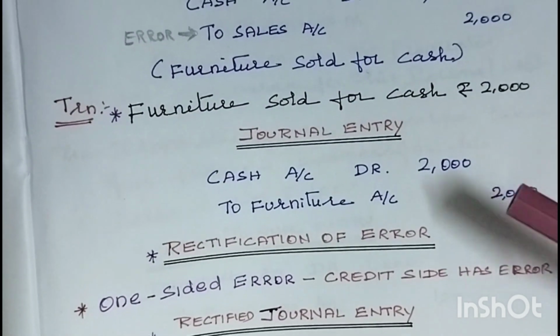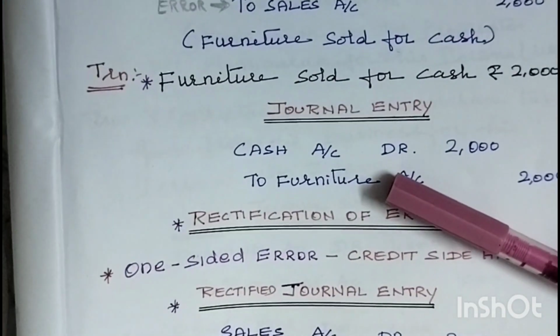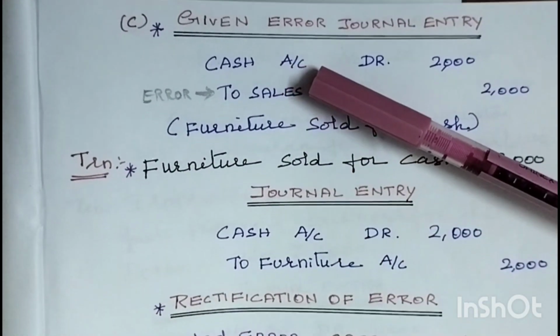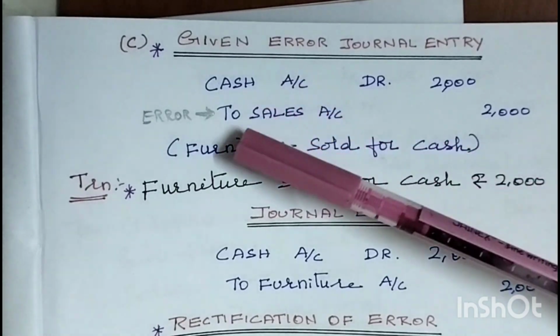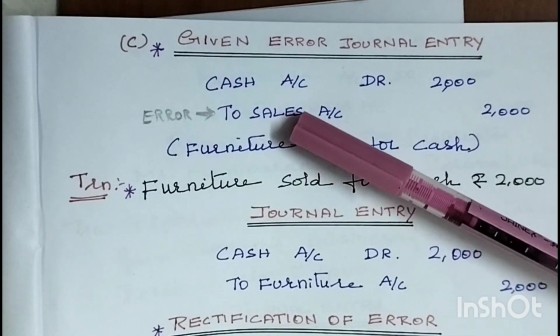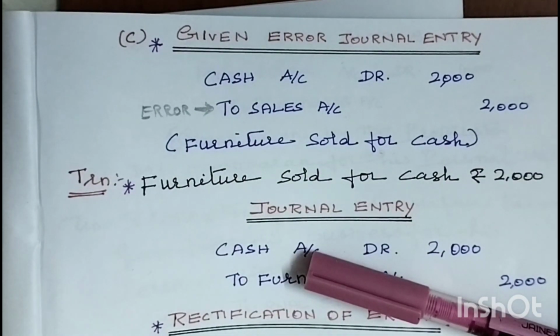Okay, where is the error? This is a one-sided error. Which side do we have the error? Let's take the debit side. On the debit side we have cash account. We have to compare the given journal entry and the correct journal entry.